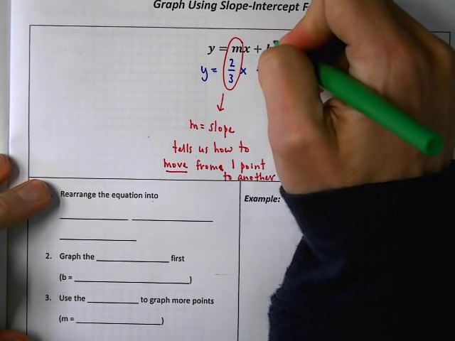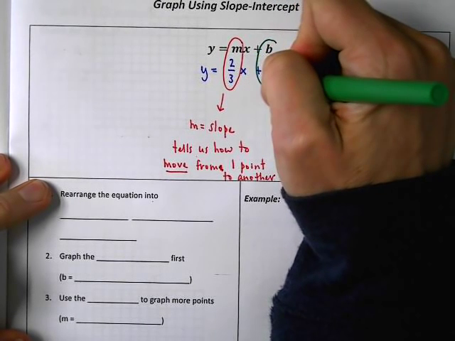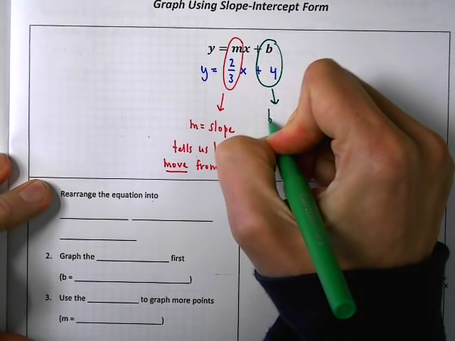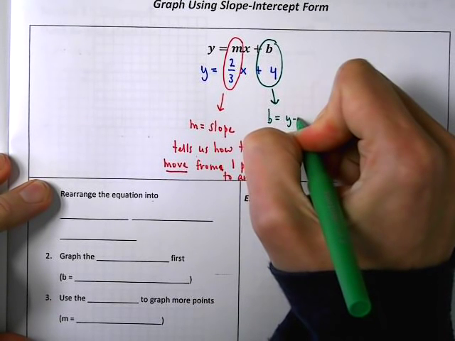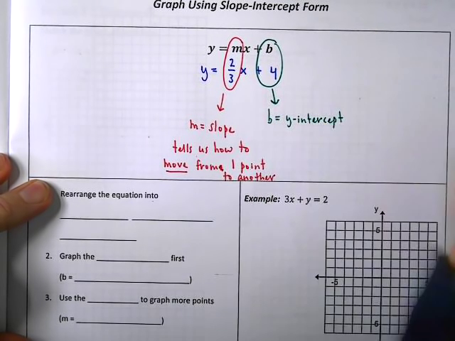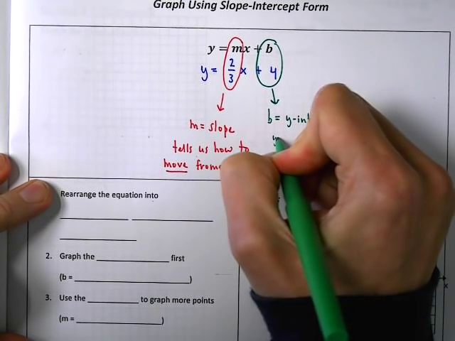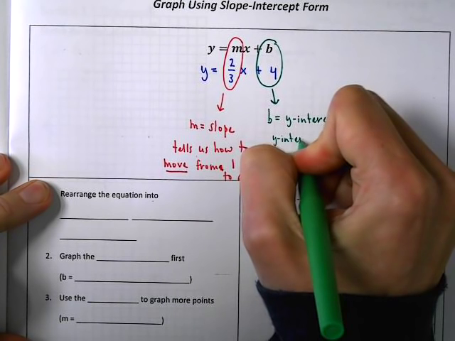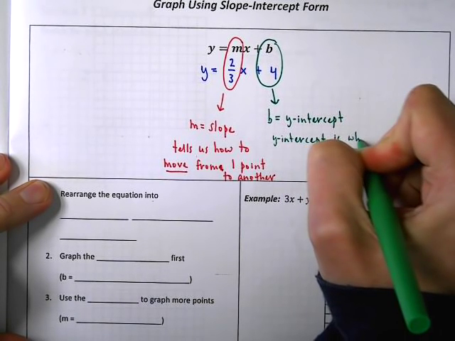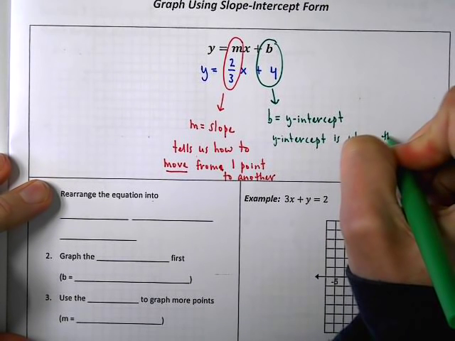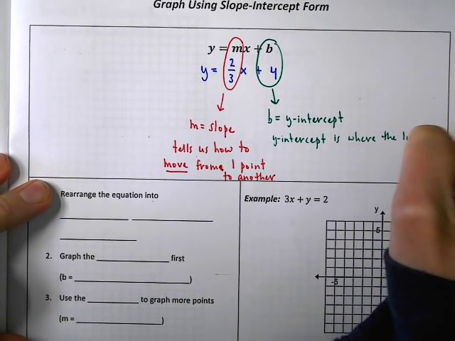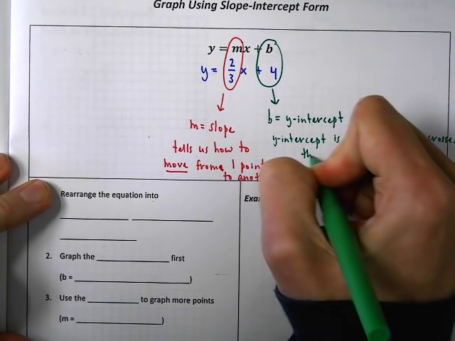Now the b, in this case my b is a positive 4. The b for us is going to stand for our y-intercept. And the y-intercept is where our line crosses the y-axis.